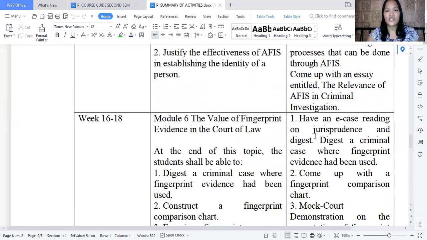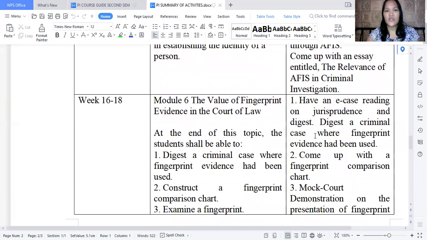So for week 16 to 18, we will now be going to module 6, which pertains to the value of fingerprint evidence in the court of law. We know that fingerprints are the common evidence that is being presented in the court. At the end of this topic, the students shall be able to digest a criminal case where fingerprint evidence had been used.